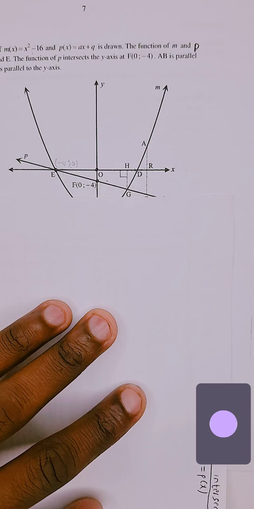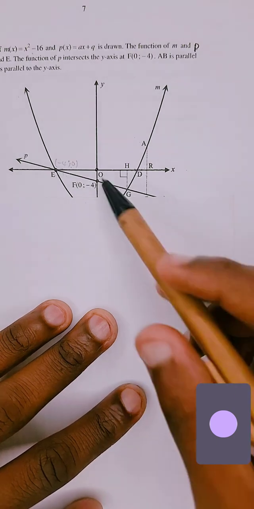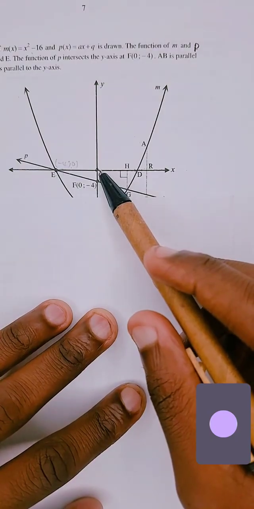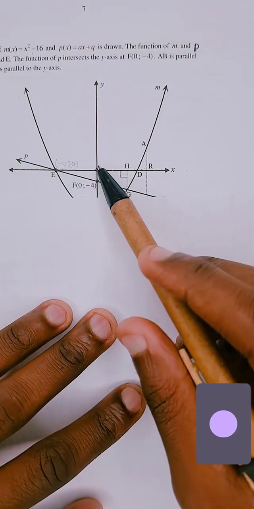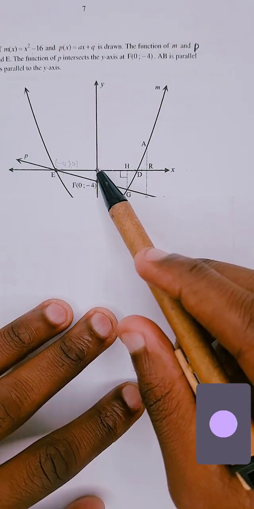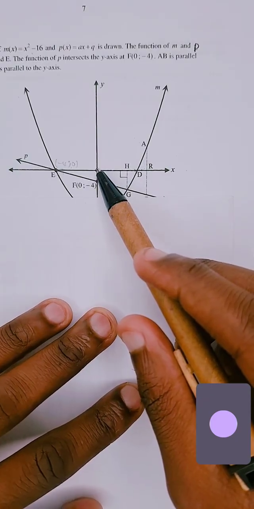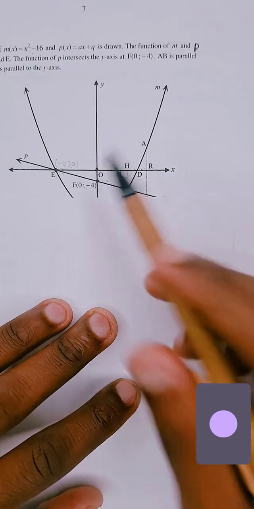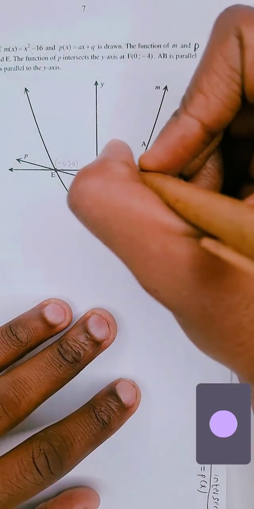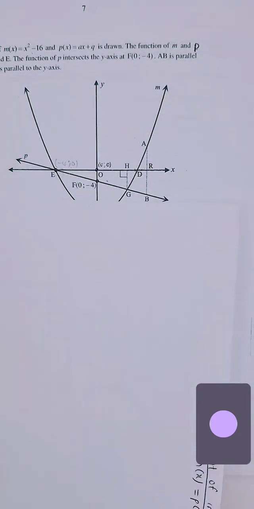Actually, we call this the origin. Madonzela is saying the coordinates of the origin are 0 and 0, and he is very much correct.